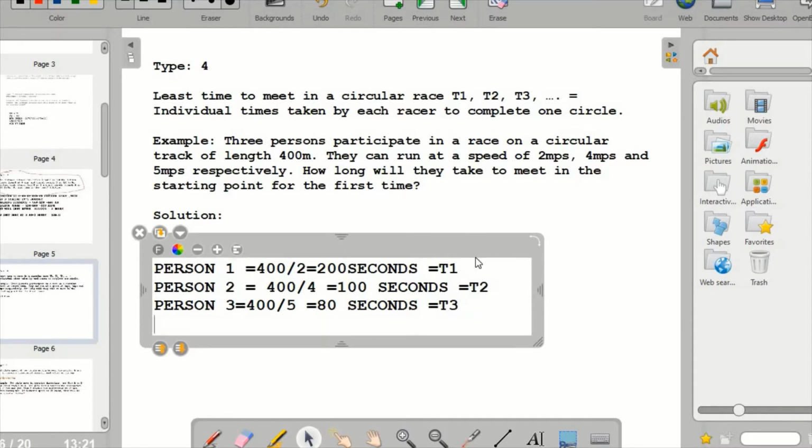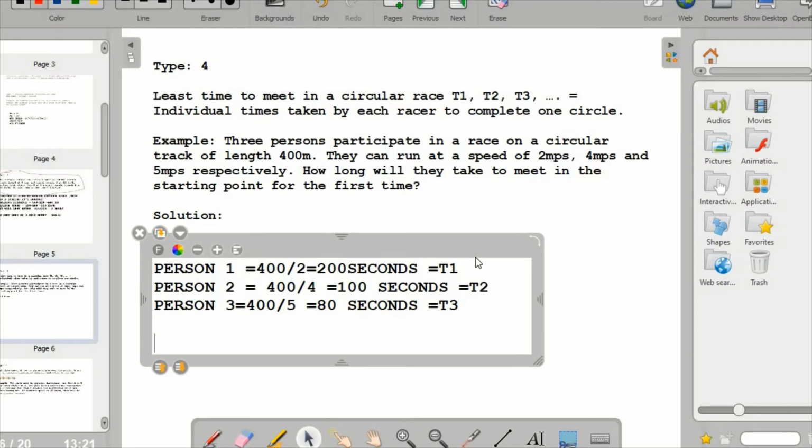So we have to find how long they will take to meet at the starting point for the first time. First time, how many seconds they will take to reach.